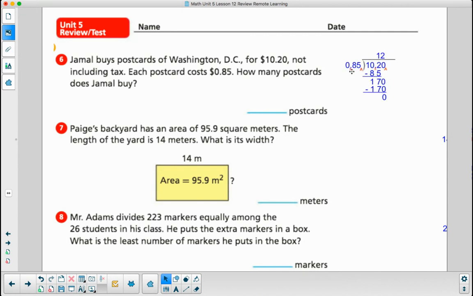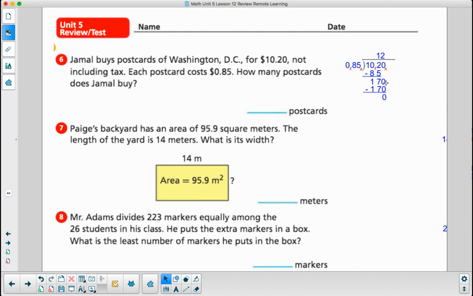I first multiplied my divisor by 100 to make it a whole number. So I had to multiply my dividend by 100. That put me starting at 102 divided by 85 would be 1. 1 times 85 was 85. When I subtracted, I had 17.